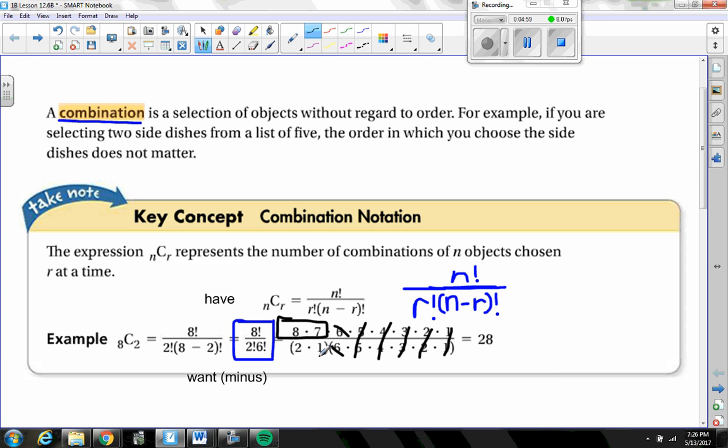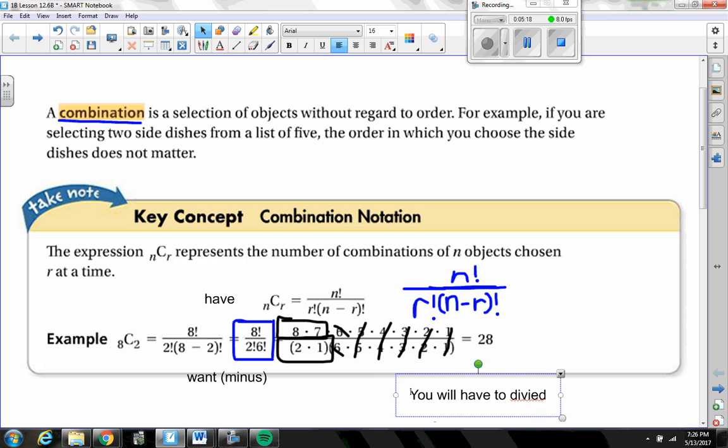And that r factorial is always going to be there, because we're going to use that n minus r factorial to cancel some things out. Or, depending on which one's bigger, we'll just cancel out as much as we can. But you'll always have something left on the bottom, so you will have to divide to get your final answer.